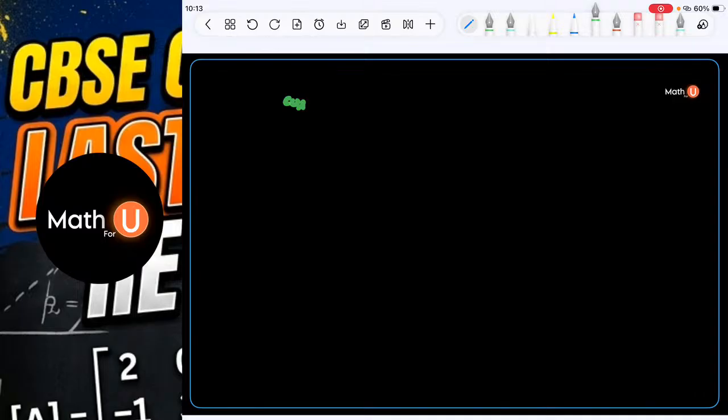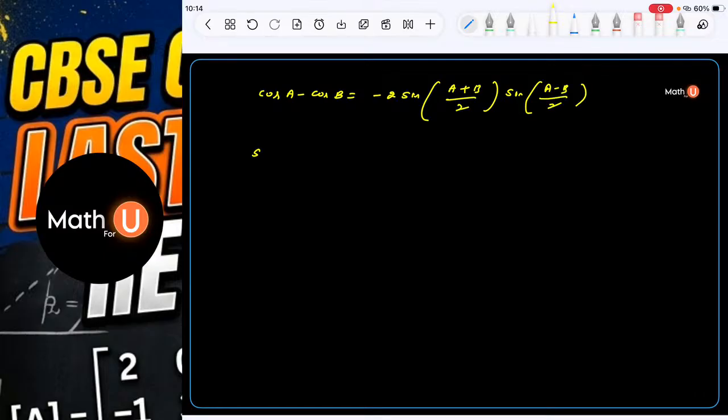Cos A minus cos B is minus 2 times sin of (A plus B) by 2 times sin of (A minus B) by 2. And sin A minus sin B is 2 cos of (A plus B) by 2 times sin of (A minus B) by 2.